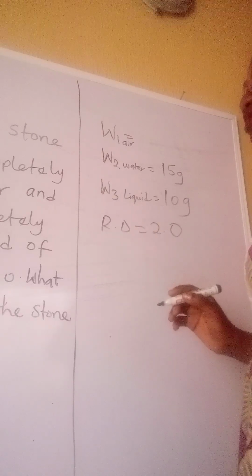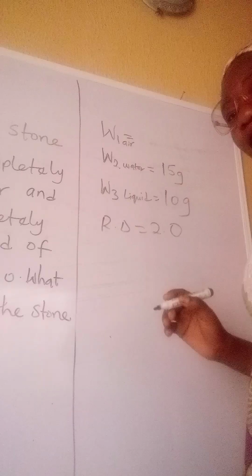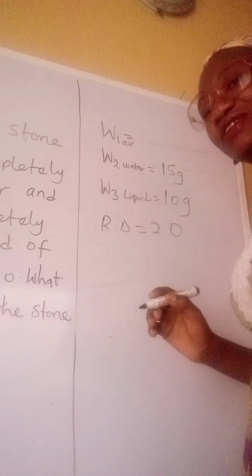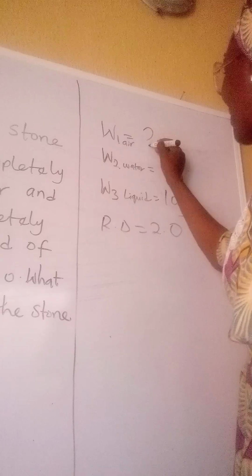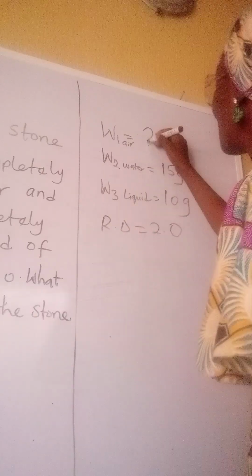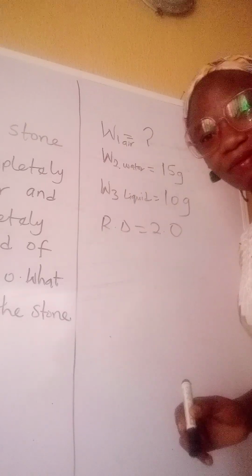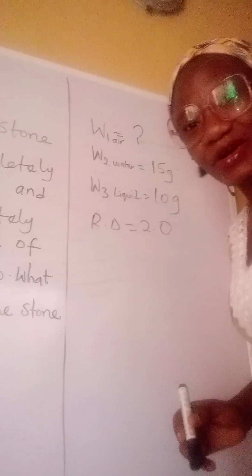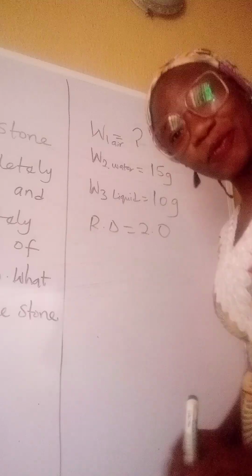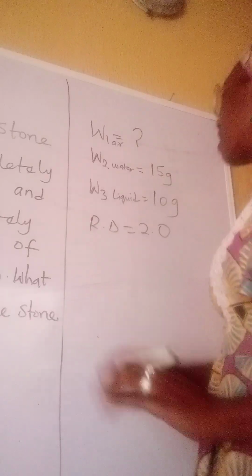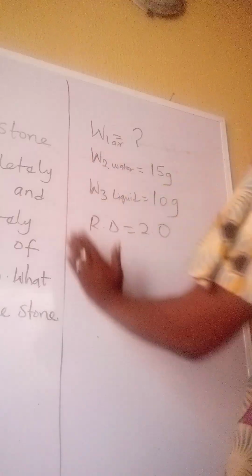What is the mass of the stone in air? In air, this is what we are looking for. We are looking for W1. I hope you are seeing what I'm doing. I'm not talking to myself. So we have this information already.